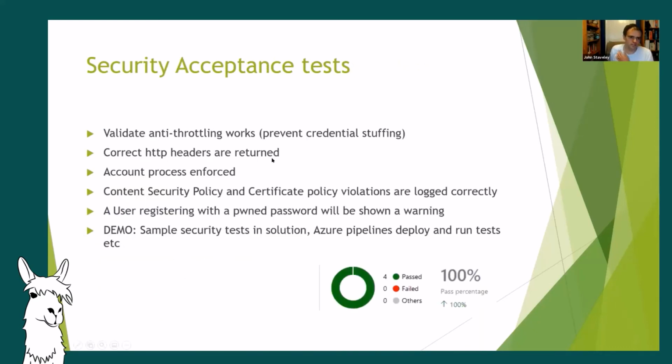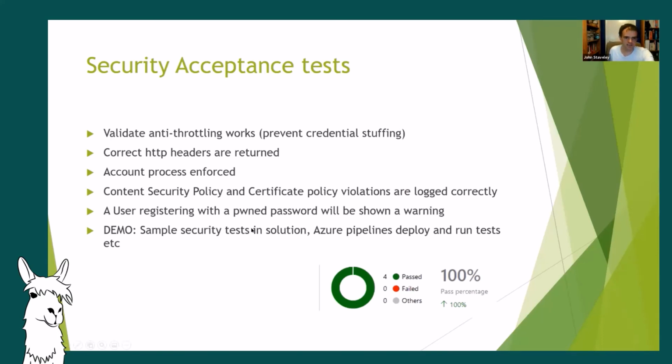We want to make sure that the correct HTTP headers are returned, so we're not doing information disclosure, and the content security policy is set correctly. The account process is enforced. The content security policy and certificate policy violations are logged. If there are violations, then you can set something called a report URI, which does a post to your application or another URI that stores the information about the attack and where the attack took place.